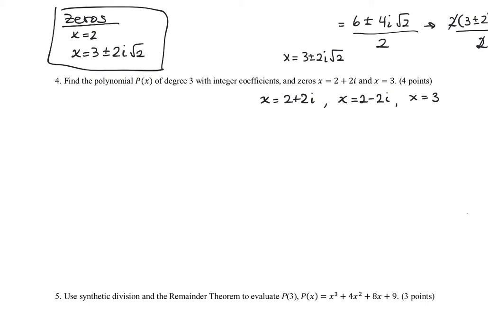So I'm going to do this one first. So x equals 3. If I subtract 3 on both sides, I get x minus 3 is equal to 0. Once you have the equation equal to 0, then that side over there becomes one of your factors. So x minus 3 is a factor. Now here, if I subtract 2 and subtract 2i, I get x minus 2 minus 2i is equal to 0, so that's another factor.